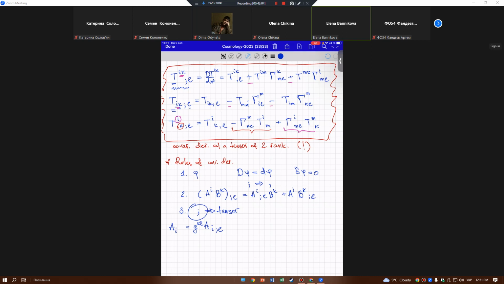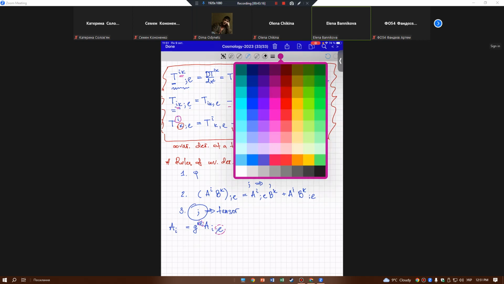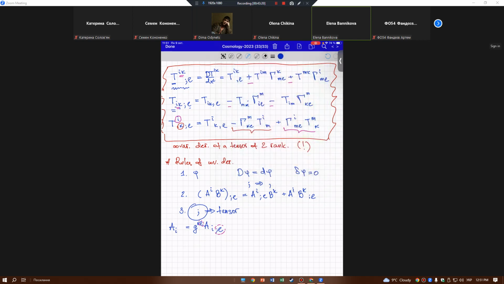You can see now what I am doing. There is a summation index L here and L here, but I take it together with this comma. Okay, so I can write like this.